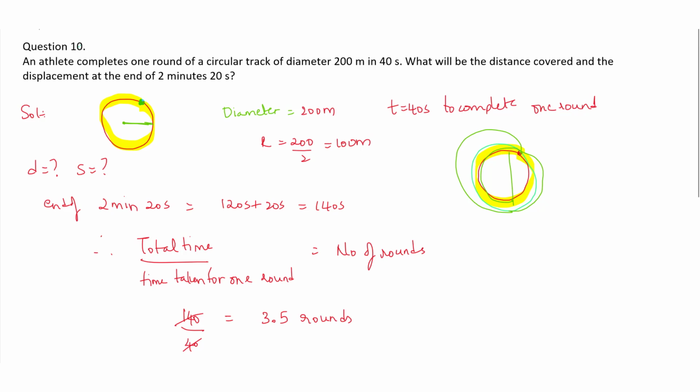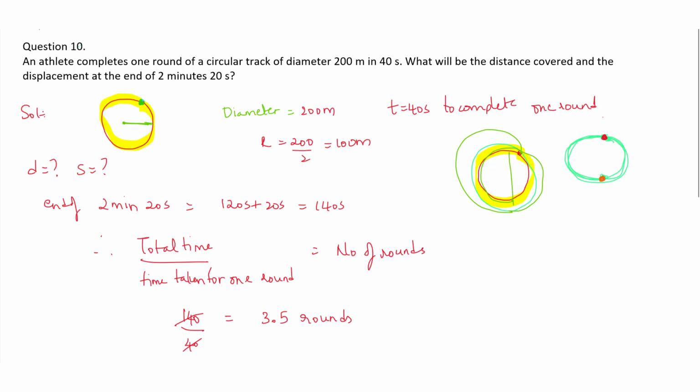Understood? What I am trying to say is, this is our first round, and in the second round again he will reach the same point. Third round, again he will reach the same point. But for the half round, he will reach the half point. So this will be his initial point and this will be his final point.